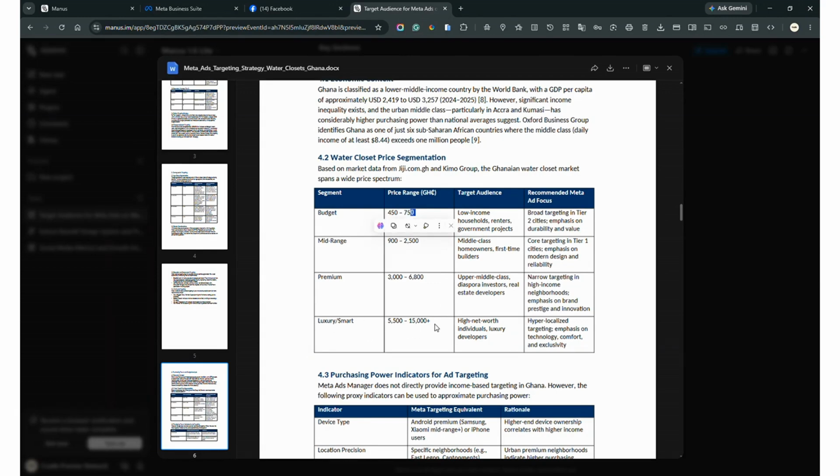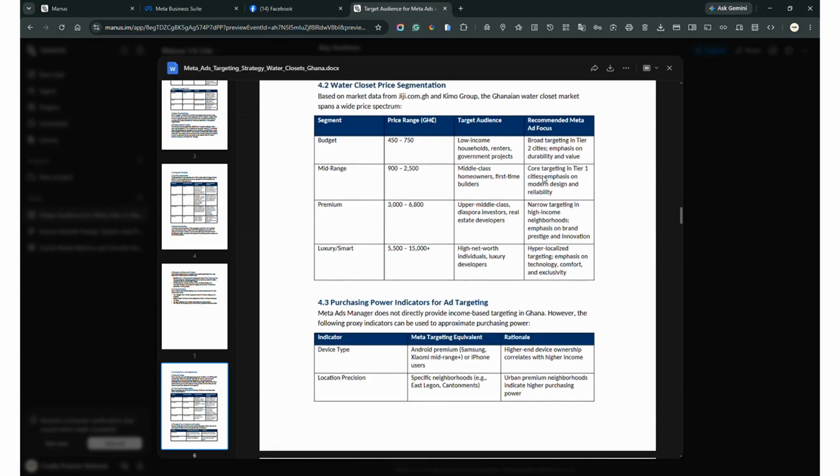Those who want luxury, smart, high net income are willing to spend about 5,500 to 15,000 plus cedis, and these are people who want a smart water closet and so forth. So this is basically what it means.